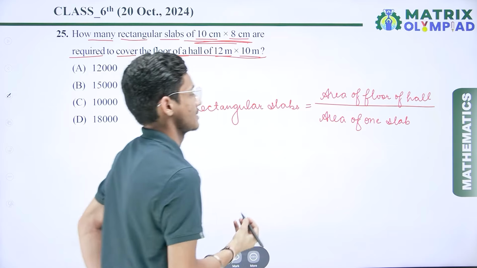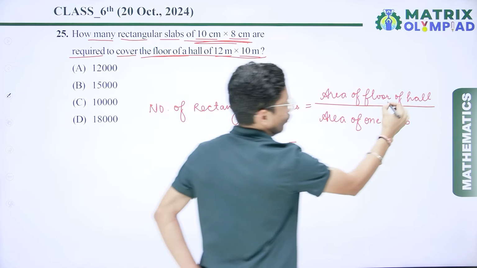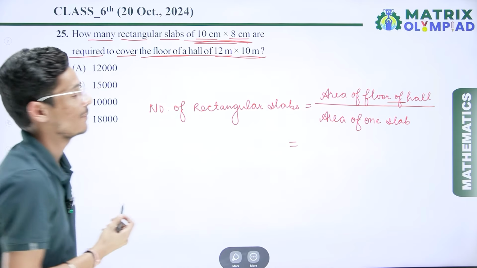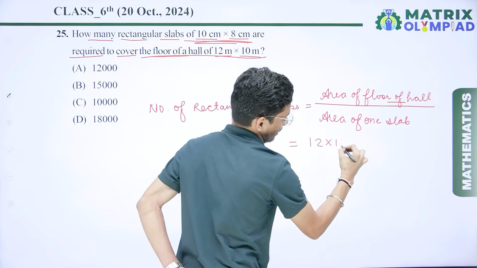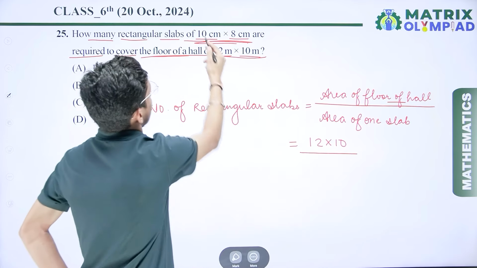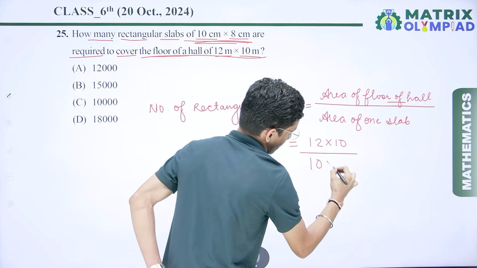So the area of the floor, here we are given 12 multiplied by 10 meter. So I can say 12 multiplied by 10 divided by 10 multiplied by 8 centimeter.